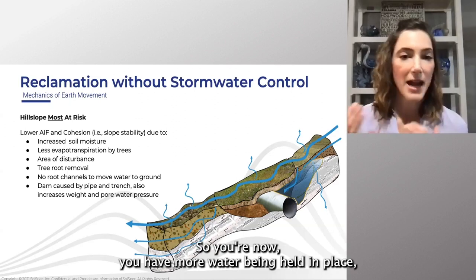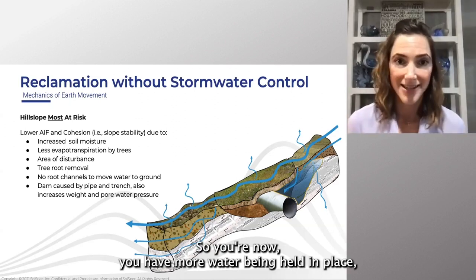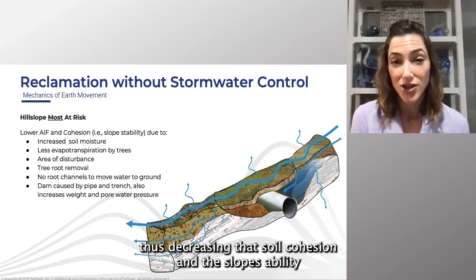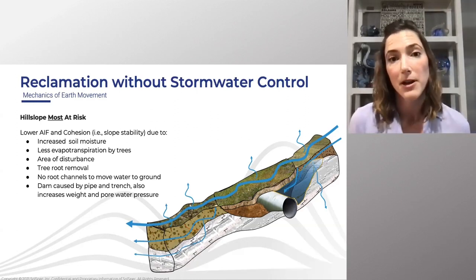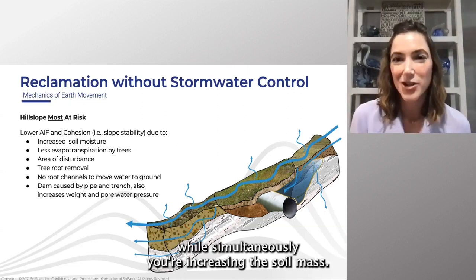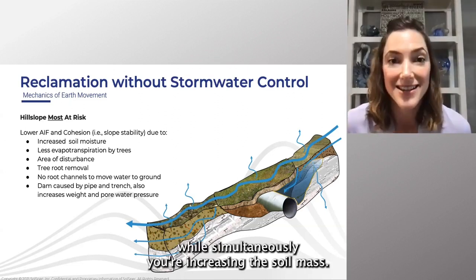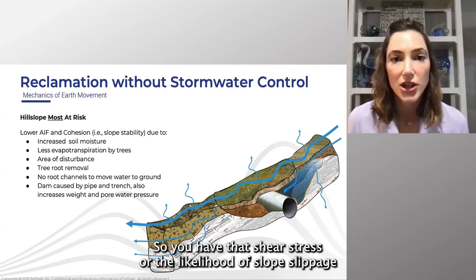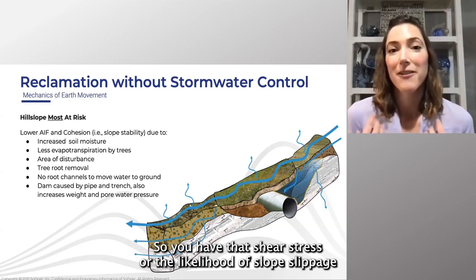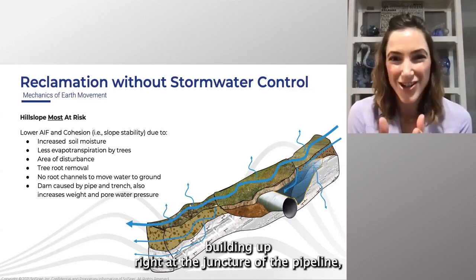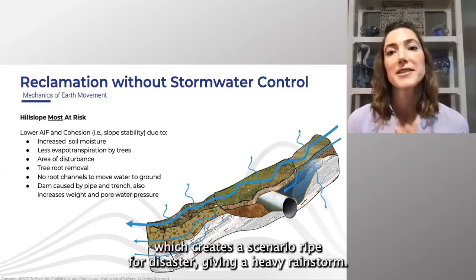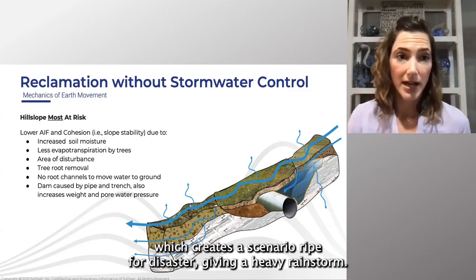So you have more water being held in place, thus decreasing that soil cohesion and the slope's ability to withstand slippage, or that angle of internal friction, while simultaneously you're increasing the soil mass. So you have that shear stress, or the likelihood of slope slippage, building up right at the juncture of the pipeline, which creates a scenario ripe for disaster given a heavy rainstorm.